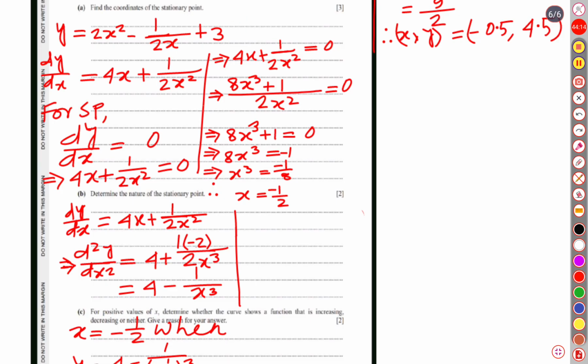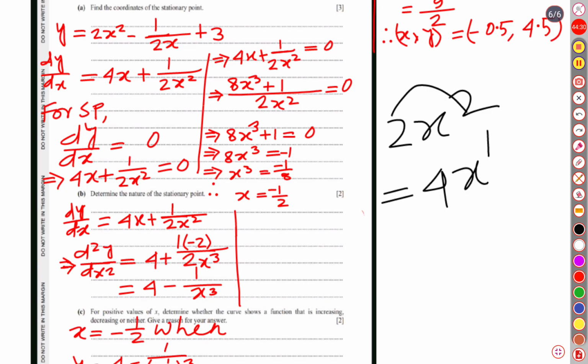Then dy over dx is equal to, look at this, you know the derivative of 2x square. The 2 will be multiplied, so 4, and the exponent of x will be reduced by 1, that is it will be 1, means 4x. So we have written that the derivative of 2x square is 4x.